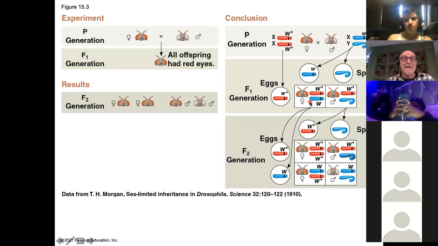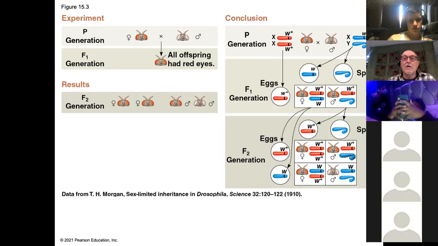We refer to her as being a carrier. And this is a very typical inheritance pattern for these sex-linked genes. This is a very typical feature that in the females, the allele is hidden because they have another X chromosome, and the X chromosome's got the dominant allele. So this recessive allele is hidden away.